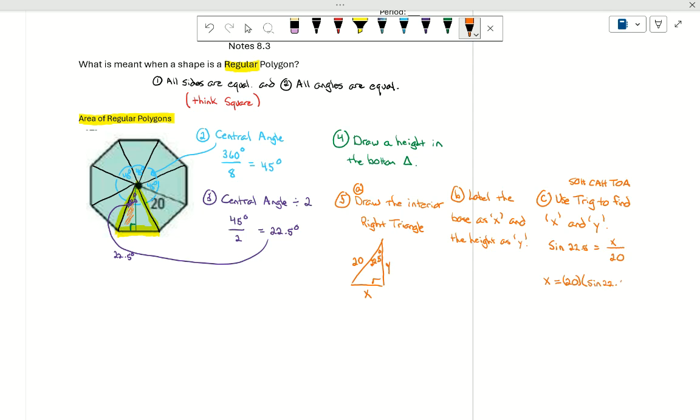And this is where you need a calculator in order to multiply this out. Use your calculator. 20 times sine 22.5. You get a decimal, and we're going to round it to the first decimal place, and we get x is equal to 7.7.